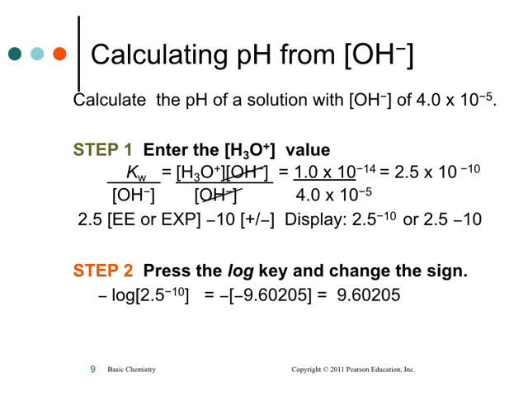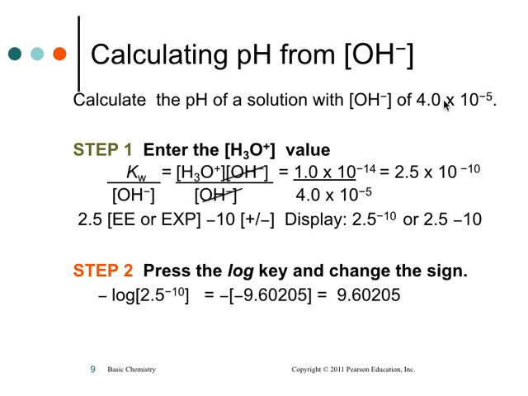So 1 times 10 to the negative 14 equals the concentration of hydronium times the concentration of hydroxide. Okay, so you're going to have K sub W, which is always 1 times 10 to the negative 14, is going to always equal the concentration of your acid times the concentration of your base. Okay, it's going to have that all the time.